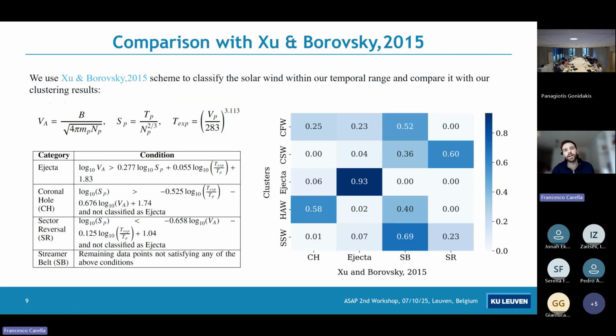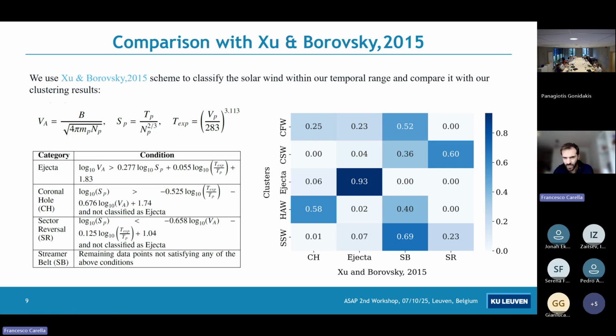There are other types of solar wind classification, like the Zuborowski one, that try to classify the solar wind according to its origins, and it's a four-type parameter scheme. You can see it on the left, and we compared our cluster content with the Zuborowski classes.